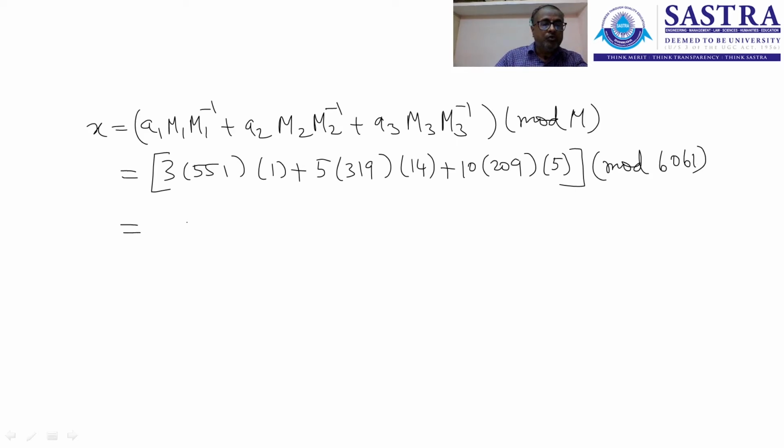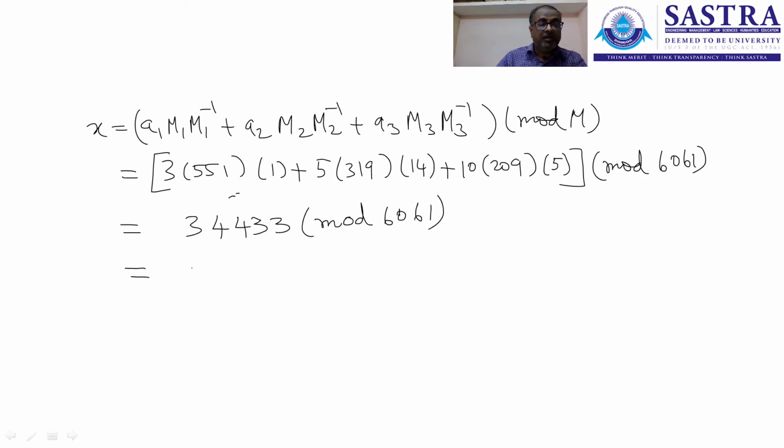Now when you multiply this, you have 34,433, and this would be mod 6061.